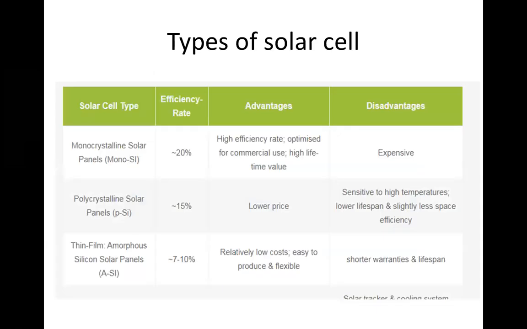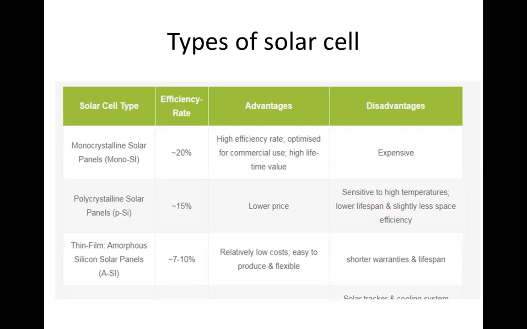We have many types of solar cell: the monocrystal panel, polycrystal, and the thin film amorphous. The monocrystal has the highest efficiency. It has many advantages, like, as we said, high efficiency. It has a long lifetime, but it is expensive.